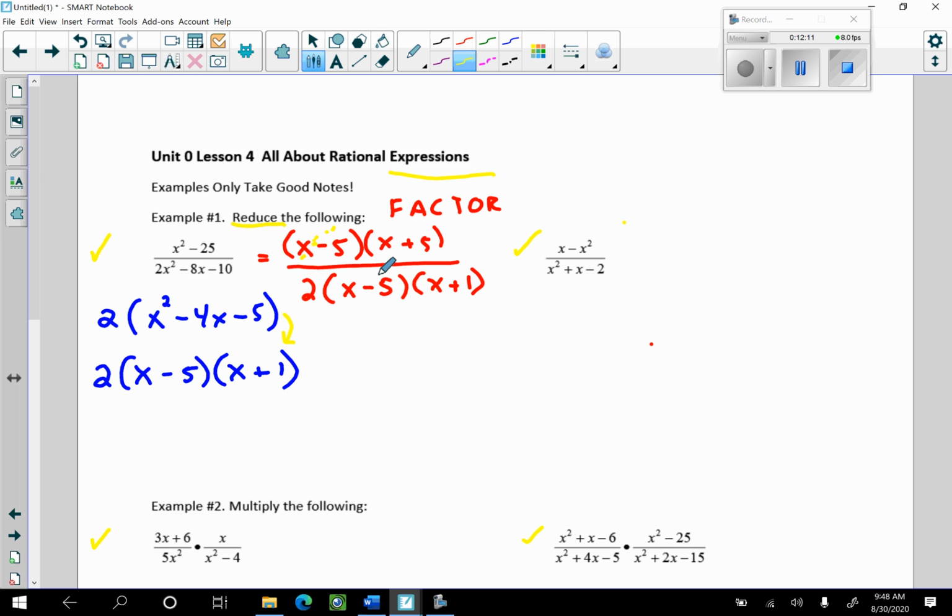This x minus 5 and this x minus 5 cancel, and there are no other common factors top and bottom. So then this guy here produces this. I just have an x plus 5 on the top, and I have a 2 times x plus 1 on the bottom, and there you go. Now that guy is reduced. Okay.